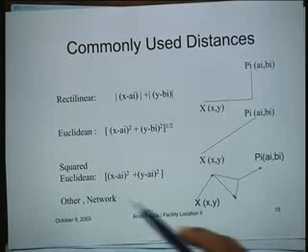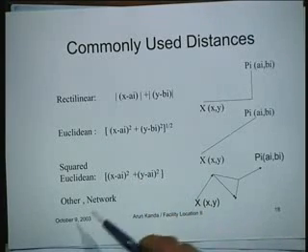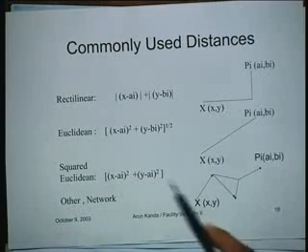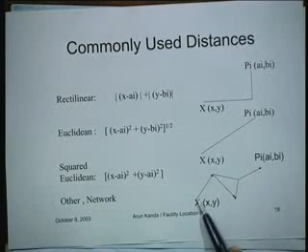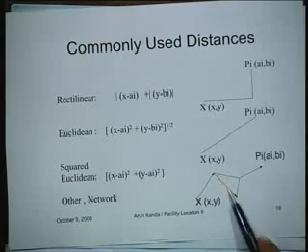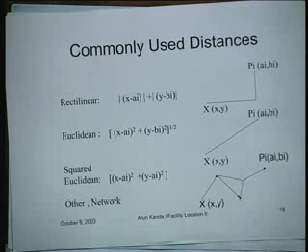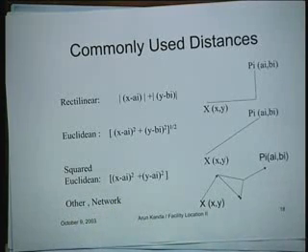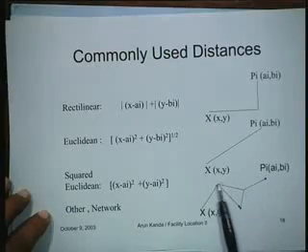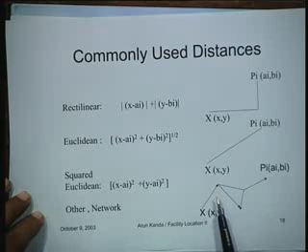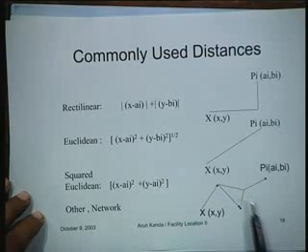Or the distance measure may be any other, because you may travel in any way. If I have to go from here to here, I can go this way, I can go this way, or I can travel on a network in any particular manner, and so on. Those could be other commonly used distances. So normally the network location problem is a very practical problem, because there you define exactly the distances from one node to the other on the network.